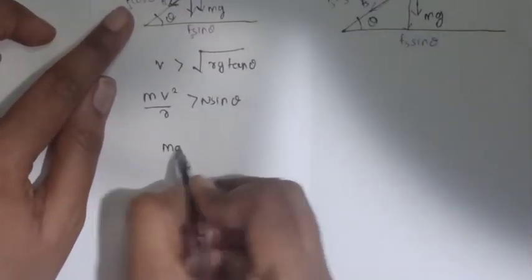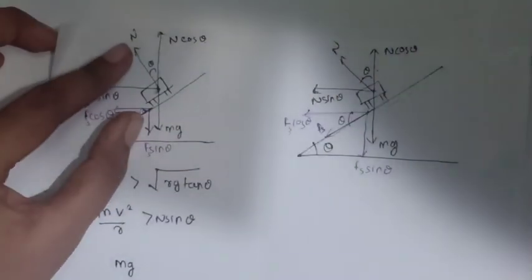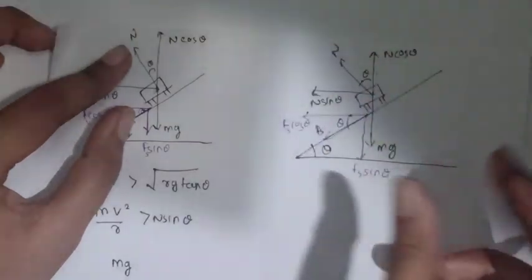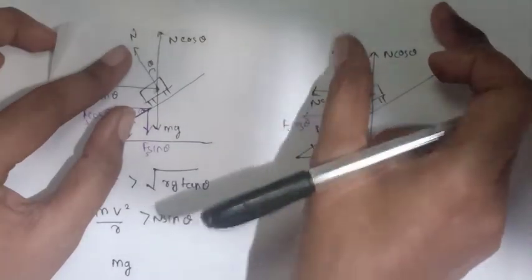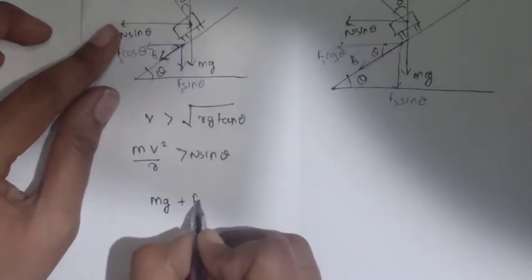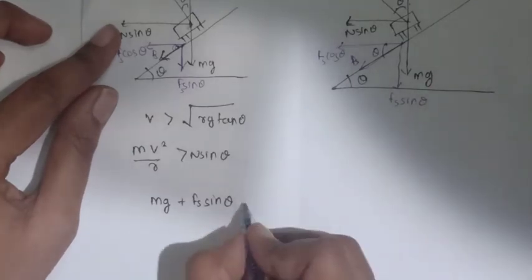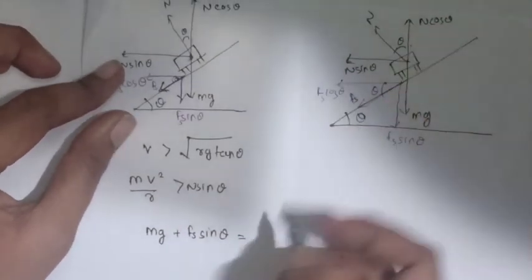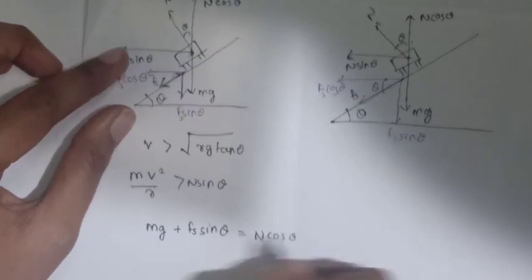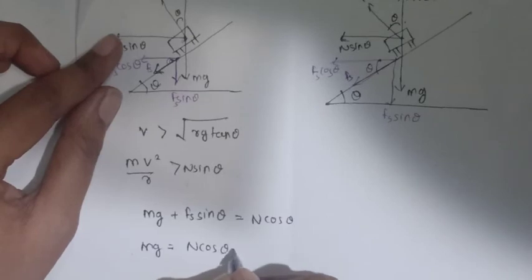You add the downward forces and equate them to the upward force. So mg plus fs sin theta will be equal to n cos theta. So mg equals n cos theta minus fs sin theta. This will be your equation number 1.